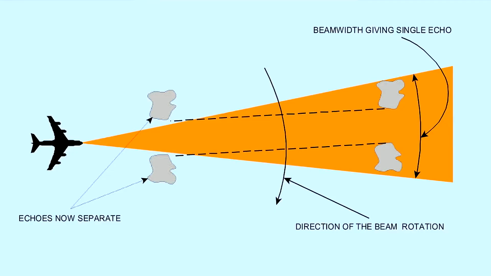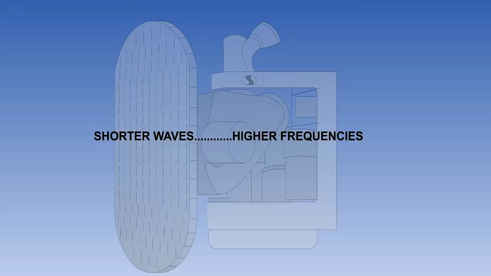It is desirable to have as narrow a beam as possible for better definition. For example, to distinguish between two cumulonimbus clouds, narrow beams are produced by having larger antennae, but as this is not possible on an aircraft, shorter wavelengths or higher frequencies have to be used instead.